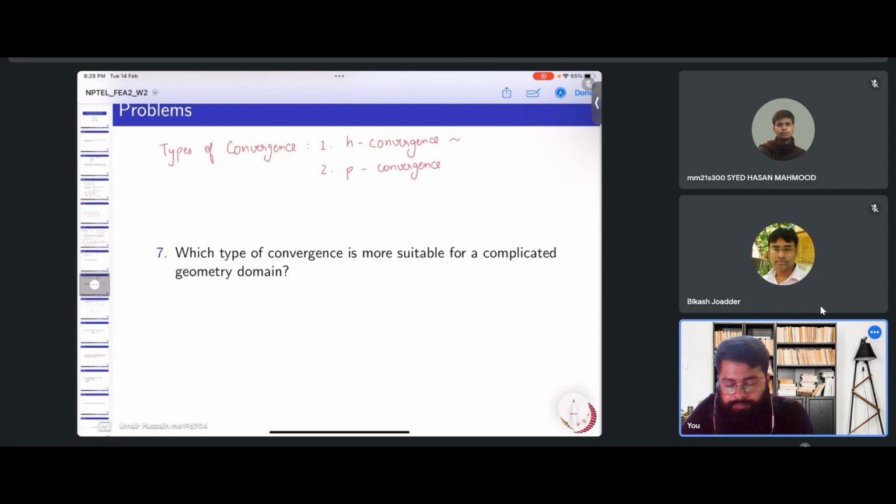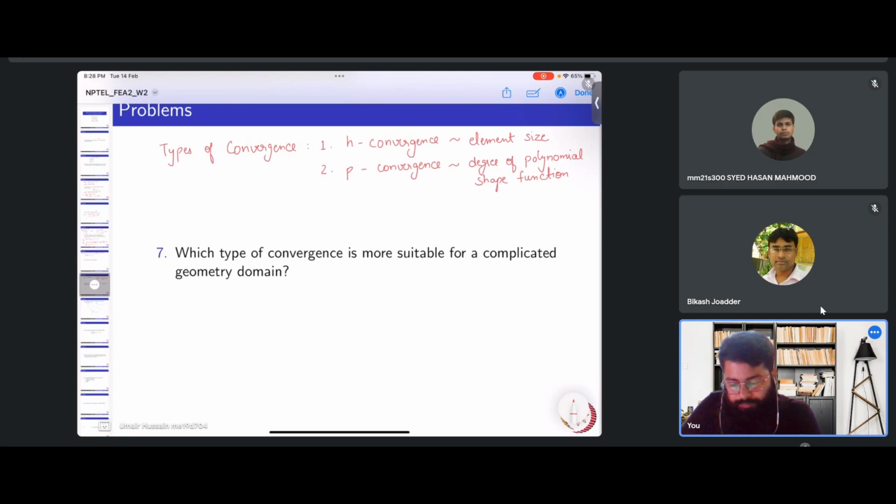This will lead to element size, and this will lead to... so these are two types of convergence.